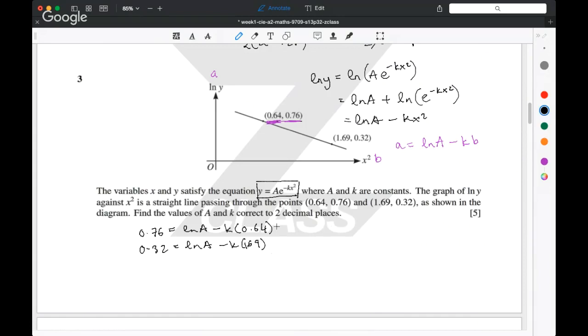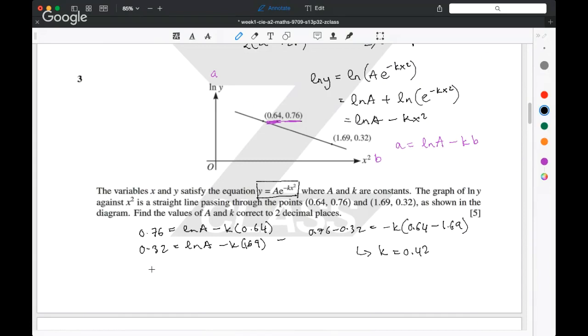Now, if I subtract these two equations, I'm going to get rid of the ln A's. So that will give me 0.76 minus 0.32 is equal to ln A minus ln A minus k, 0.64 minus 1.69. And this can easily give you k.